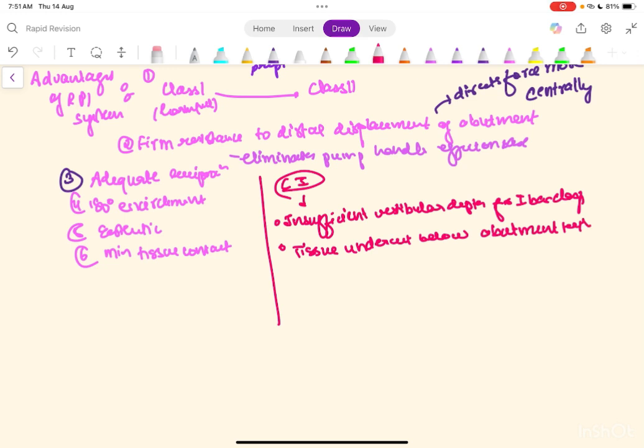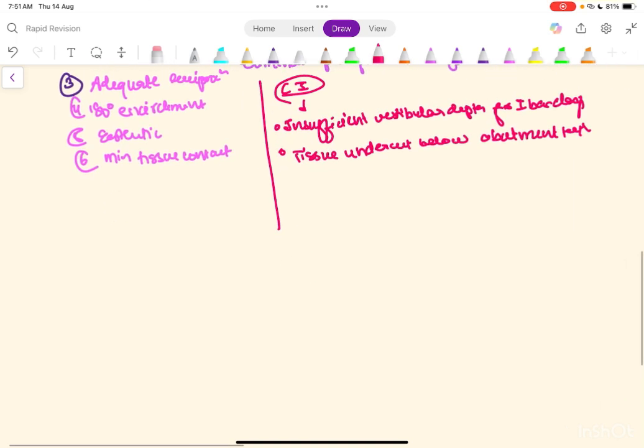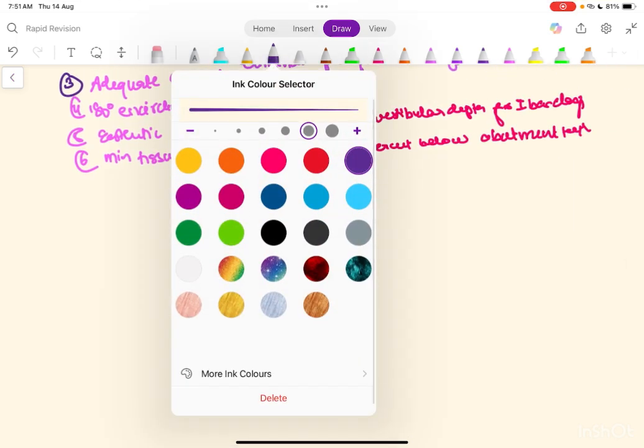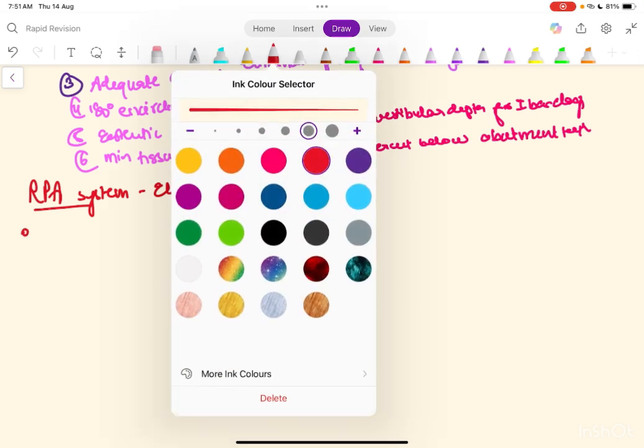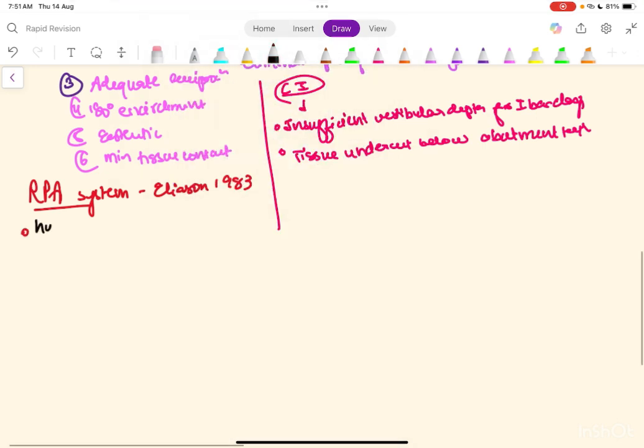Then came something known as the RPA system, so we'll discuss that too. The RPA system was given by Ellison in 1983. Basically this is a hybrid between RPI and the circumferential clasp.